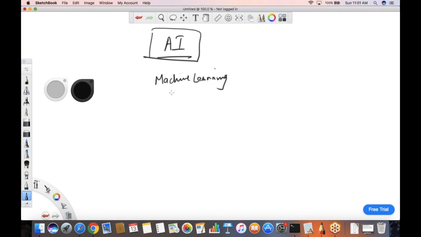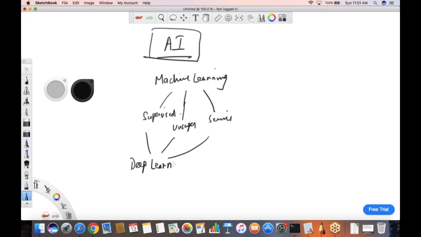Now, machine learning has lots of these subcategories. We have supervised, unsupervised, and semi-supervised learning, right? In every one of these, deep learning is an algorithm that will help us do all this stuff with high accuracy.